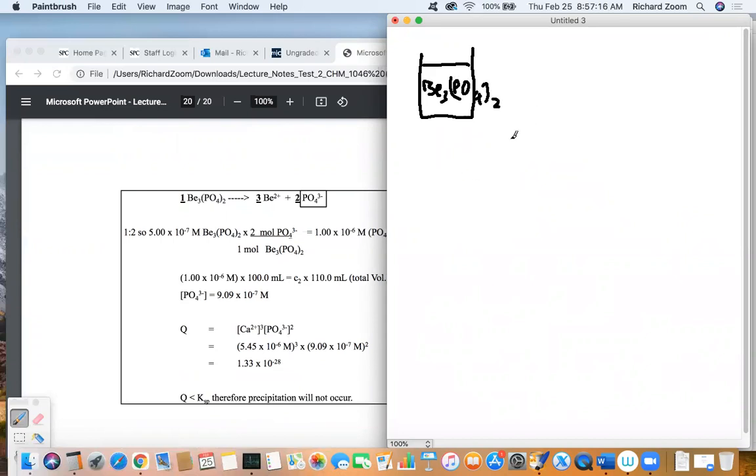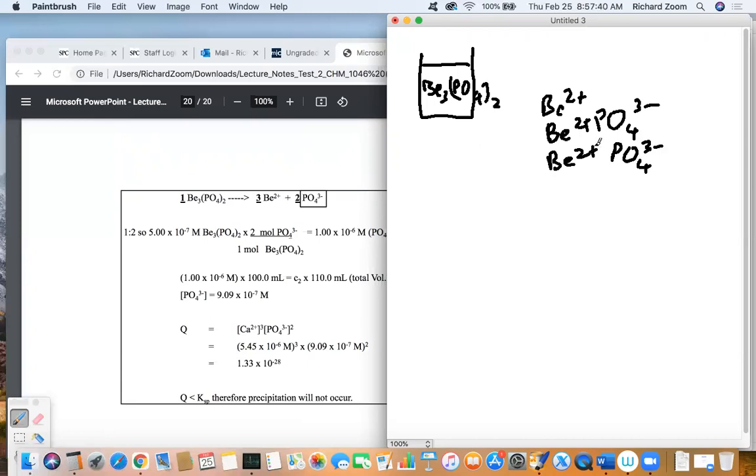And when I draw a picture of that, it would be 3 Be's and then 2 PO4s. Each of those is -3, and the Be's will be 2 plus.